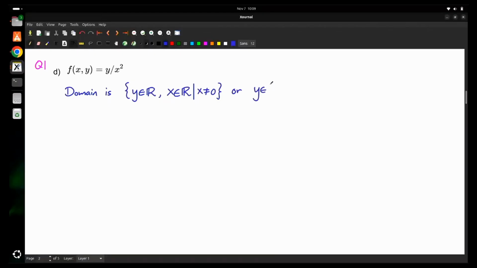The domain refers to the values of the inputs such that you can calculate the output f. So for y, you can also write it as minus infinity, comma infinity, if you want to use the interval notation.